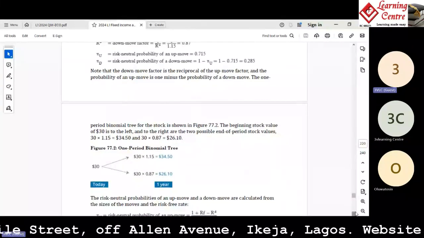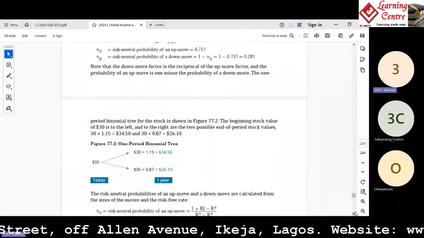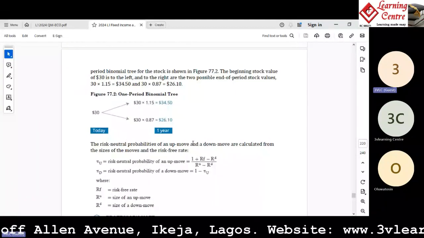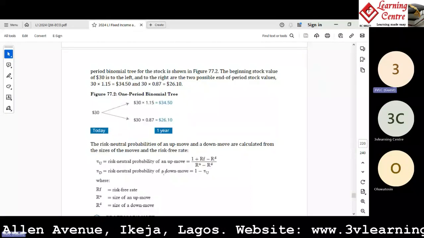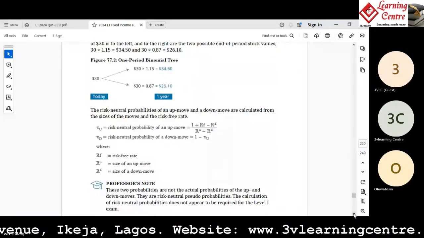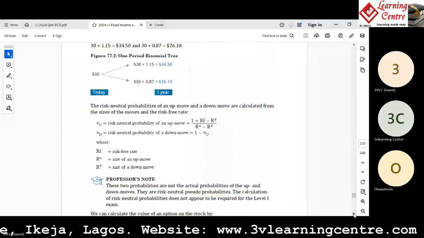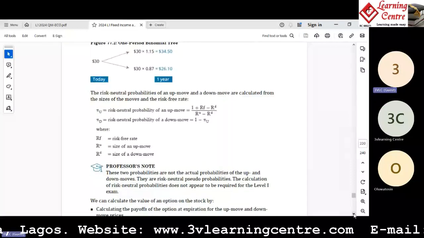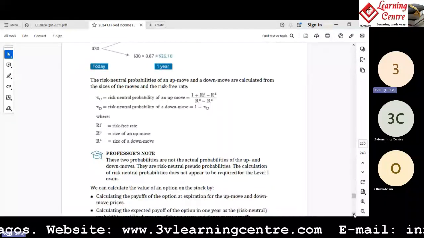We'll still come back to the risk probability. The risk neutral probability of an up move and a down move are calculated from the sizes of the moves and the risk-free rate. So you don't need to know this calculation. What you just need to know is the decision tree.